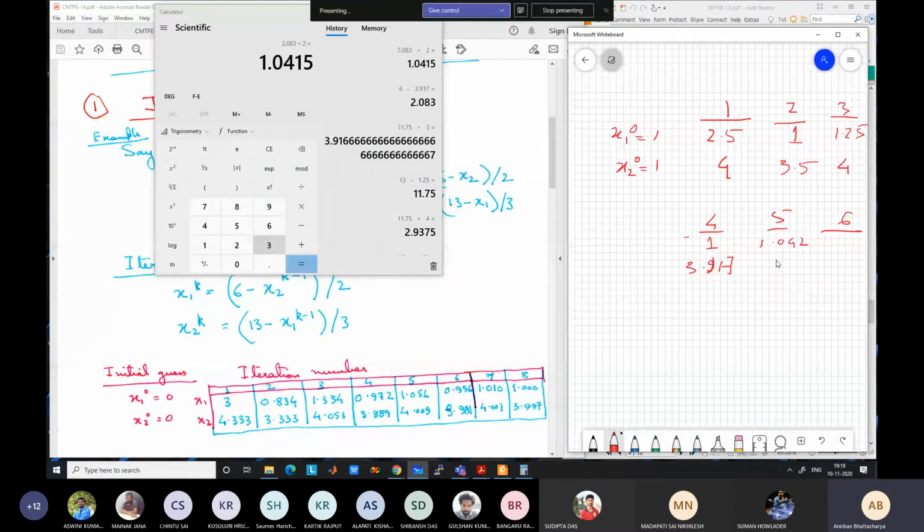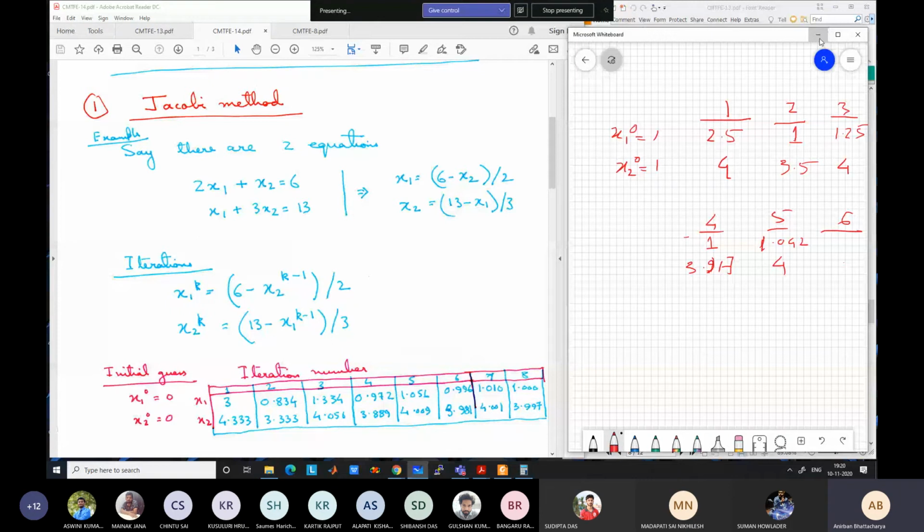And you can see this will become again equal to 4, because this was 1. Why is this happening? Alternate correct solution, because already one guess value was correct by luck. That is why. But the convergence rate is faster. We have already reached 1.042. The next one will be very close, and you will get to a close solution.